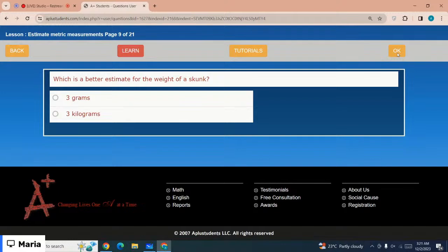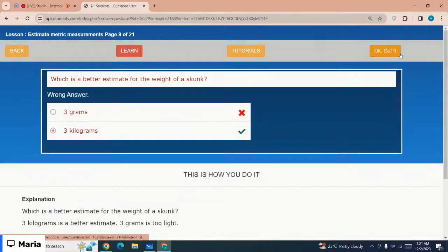I think 3 grams... that is 3 kilograms, right? The correct option is 3 kilograms, right? Okay, you can complete the lesson by yourself later today. Let me just move on to the next lesson.